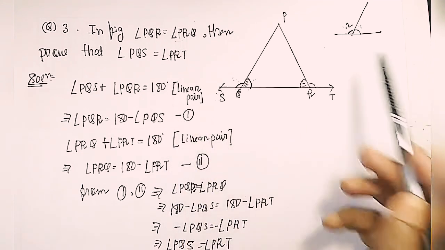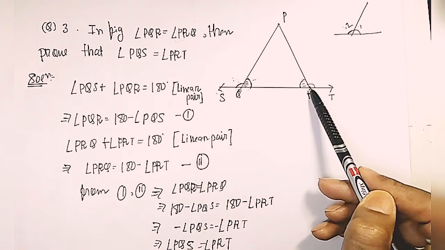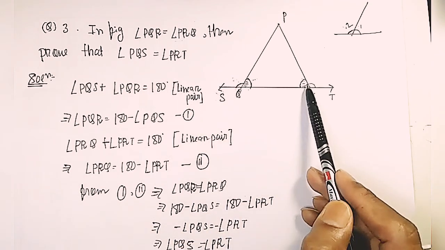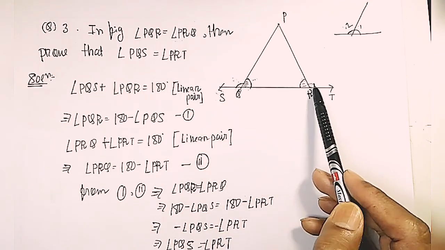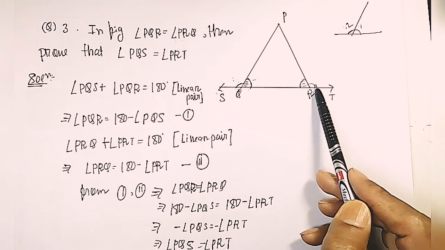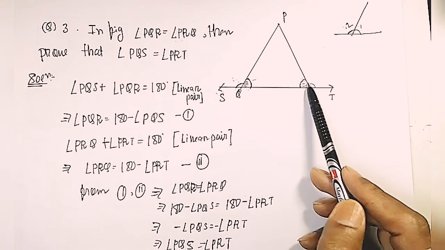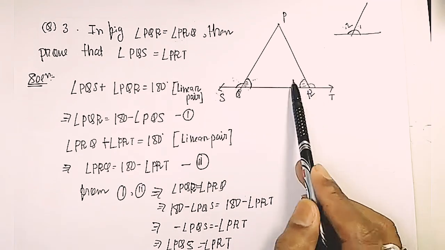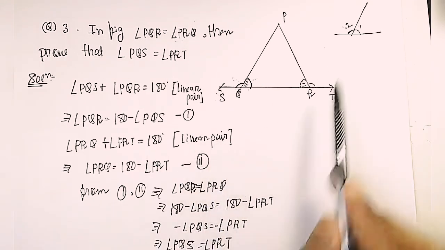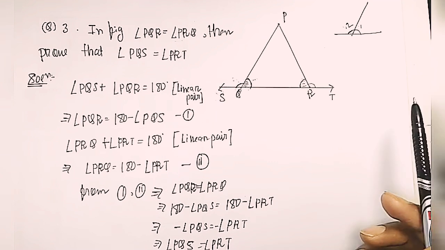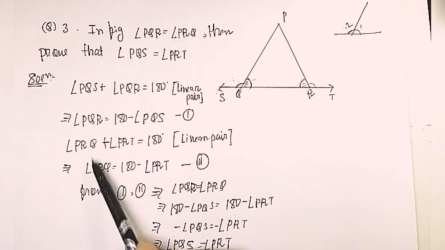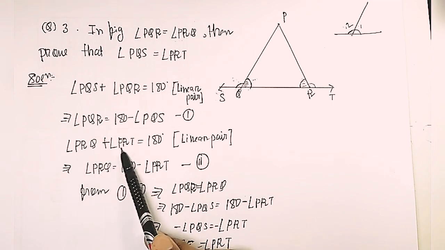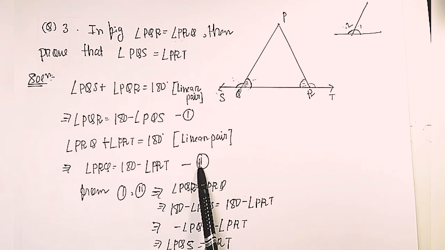Exactly the same concept. PRQ, that means this angle, plus PRT, this is the other angle, and the sum of these two angles is 180 degrees because of the linear pair. So from here PRQ on the left and transposing PRT to the right hand side, it becomes 180 minus PRT, equation 2.